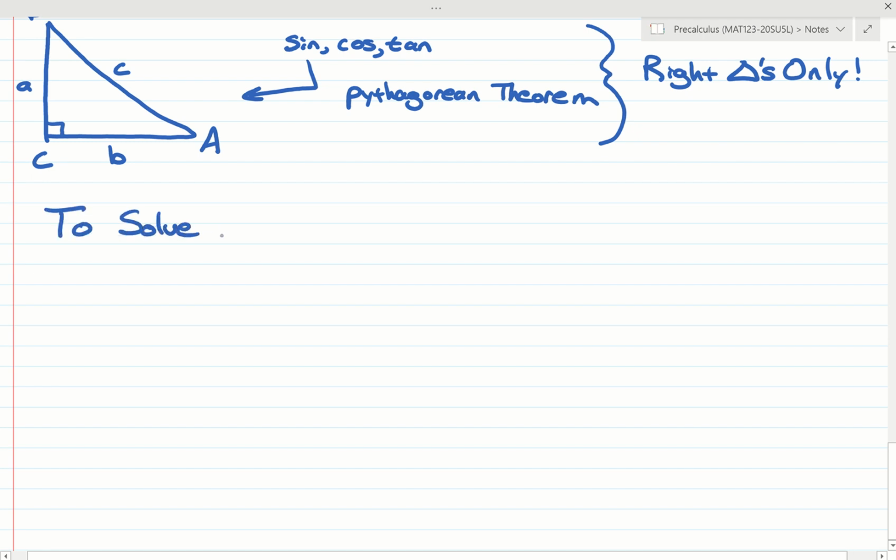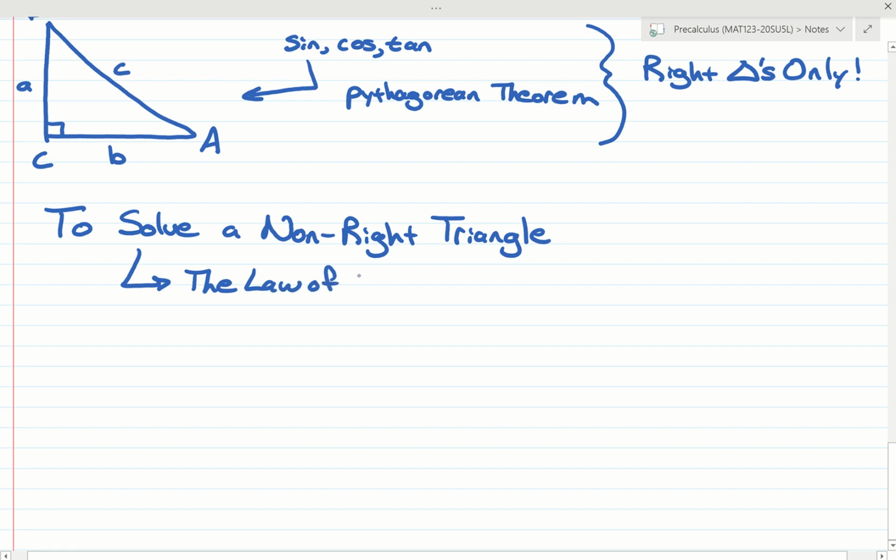To solve a non-right triangle, we are going to use what's called the law of sines. And we could use the law of sines in two cases.